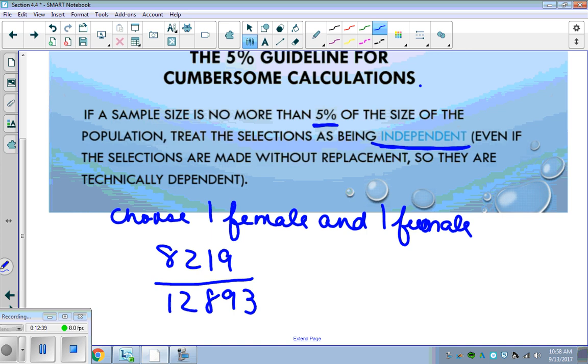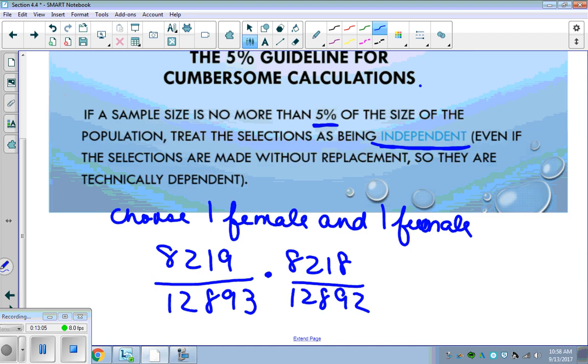And if I did it by the hard, fast rule that says they are dependent events, I would then have to say multiply by 8,218 over 12,892, and if I had to do 5 of them, you'd see how cumbersome that would become, correct? Ugh.